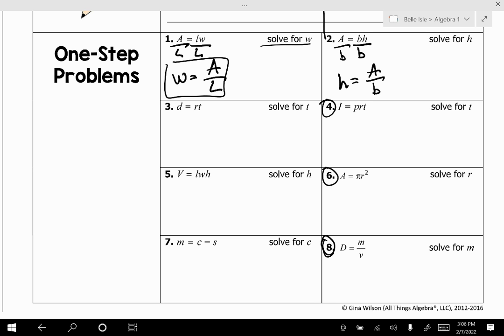I'm trying to figure that out. But it's getting rid of the exponent. So, what would you do if it was 2R?